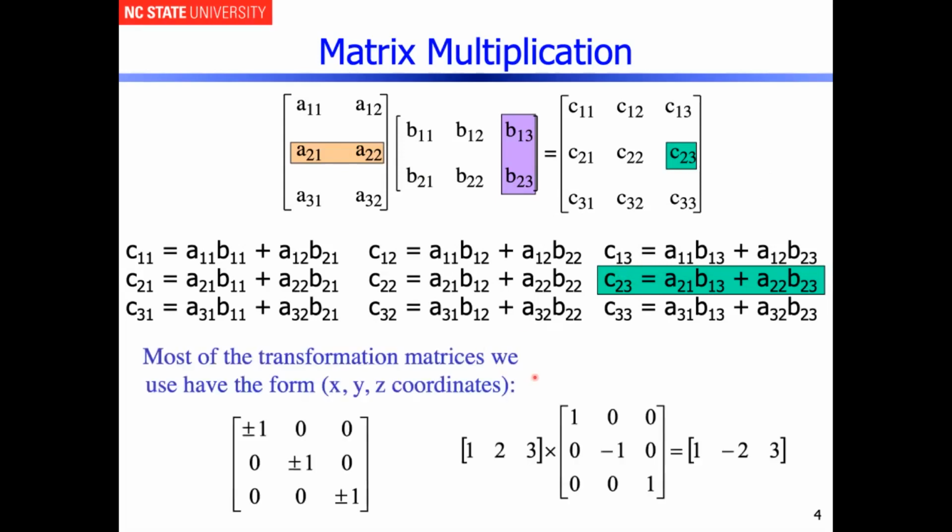And in this course, what we're going to see is we're going to use a lot of what are also called identity matrices, but many times we're going to do a 3x3 matrix to define X, Y, and Z coordinates.